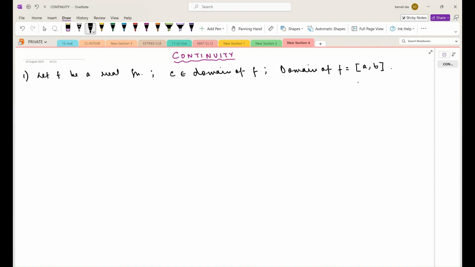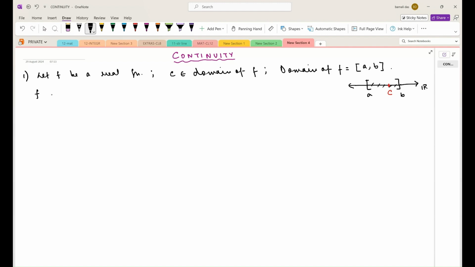So that means this is the domain, this is my real number line R, so A, B. The function is defined only in this portion, suppose. And C is any point in this domain. Now, what do we mean by the fact that f is continuous at C?